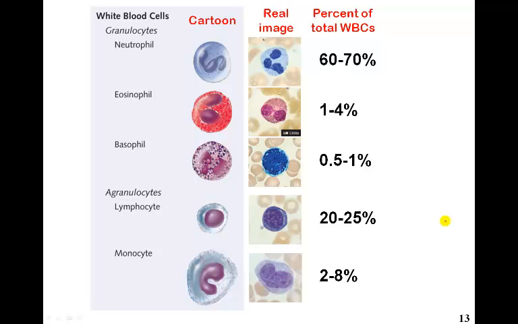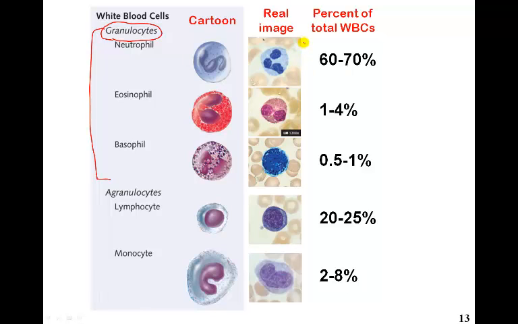There are 5 main classes of white blood cells shown here. 3 of these fall into what we call granulocytes, and they're called granulocytes because in a microscope they look like they have little granules in them.